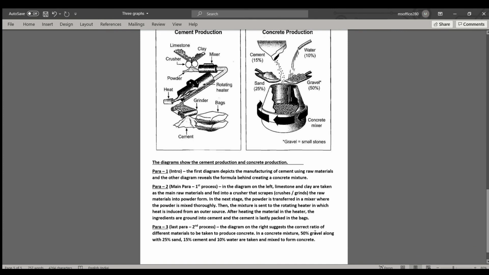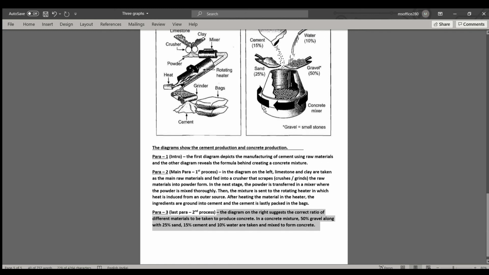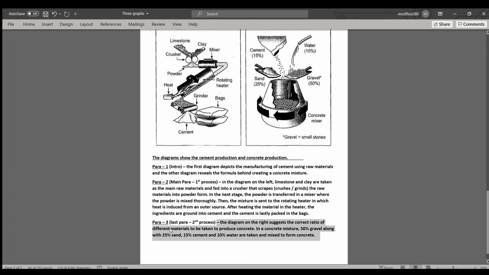Now in the next para, you will explain the second diagram, which is the concrete production. It can be clearly seen that 15% cement, 10% water, 50% gravel and 25% sand are all taken together and mixed in a concrete mixer to form concrete. This is again written in pretty simple language. The diagram on the right suggests the correct ratio of different materials.